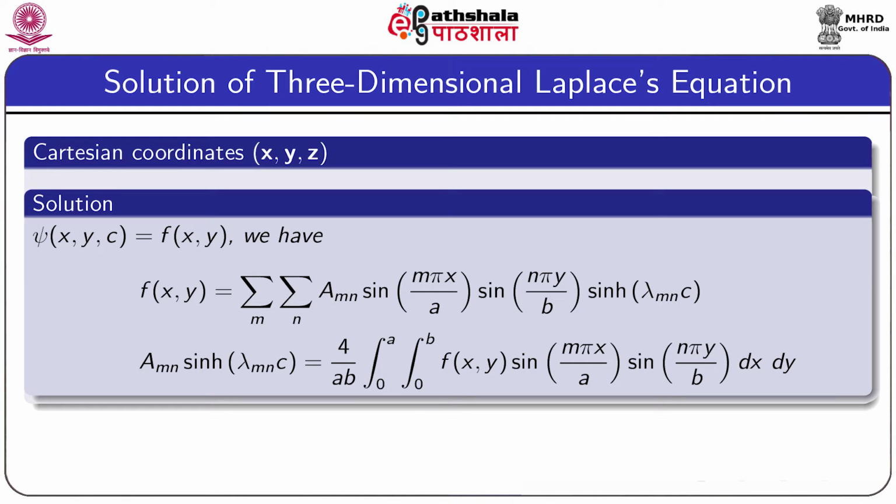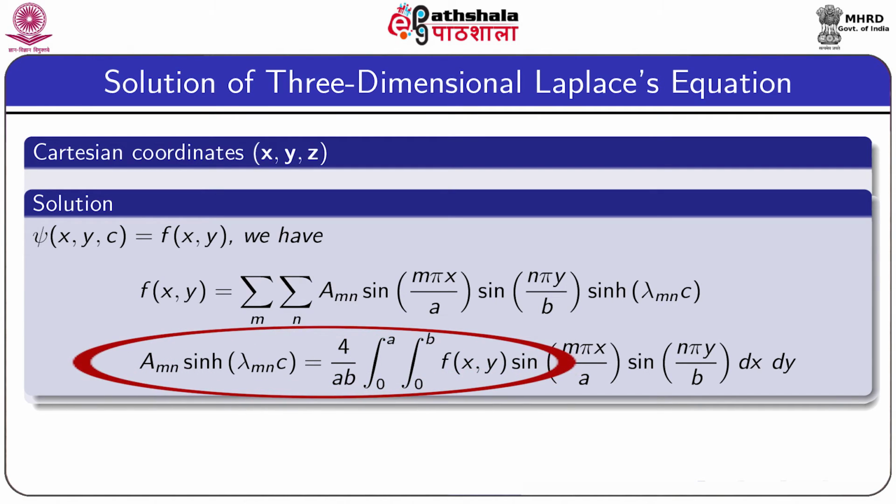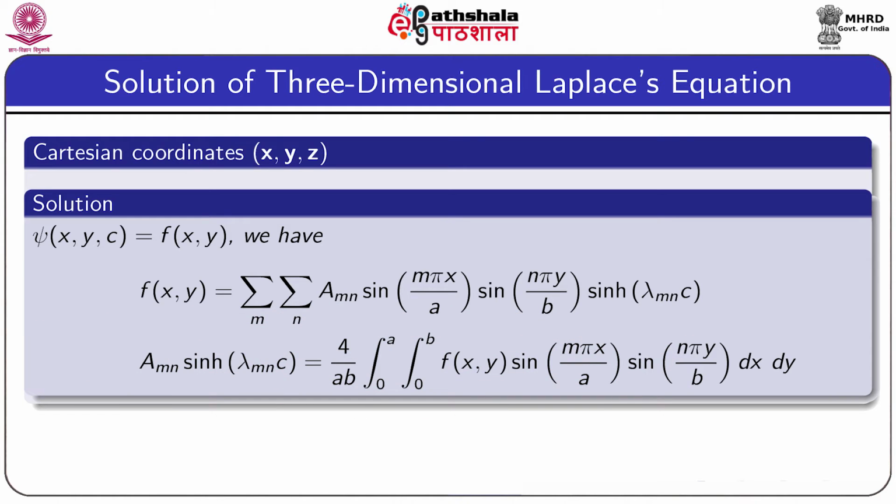That will give the values of A_mn through this relation. To find A_mn, we use the orthogonality property of sine functions, which gives the values given here.